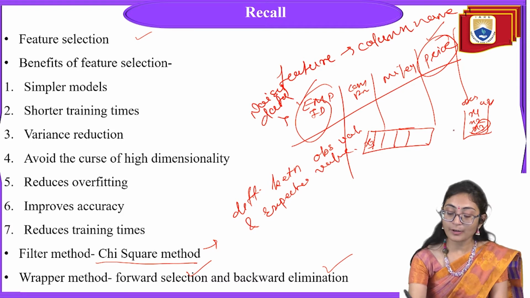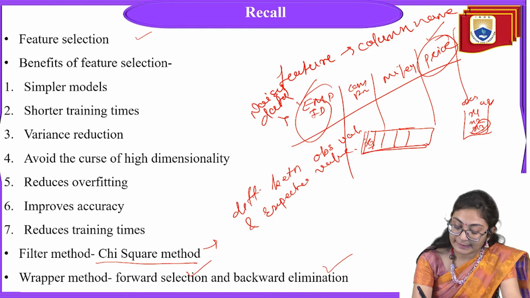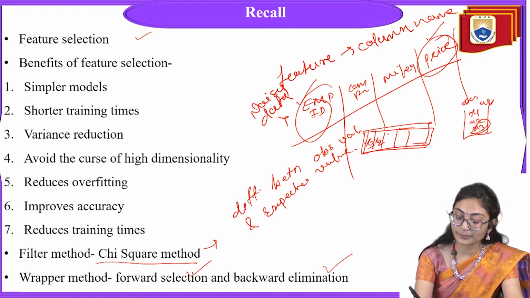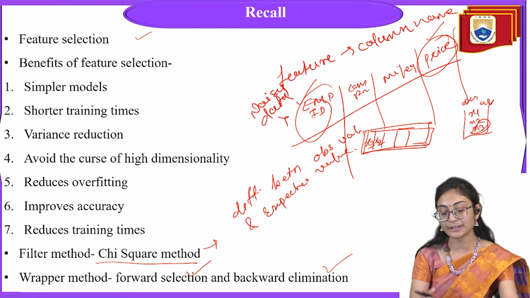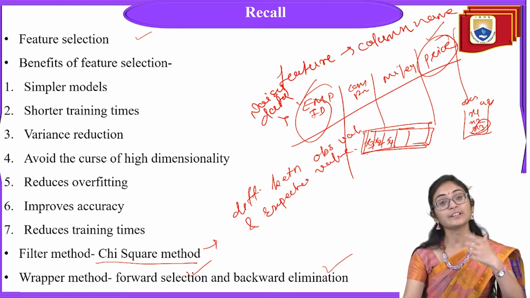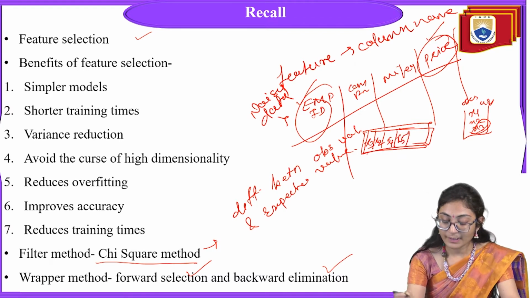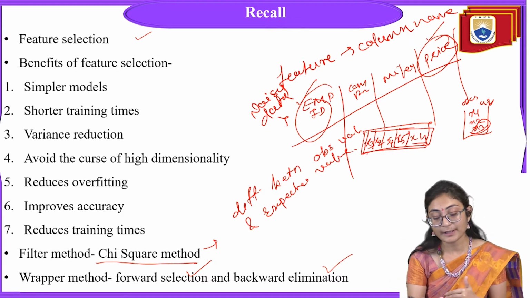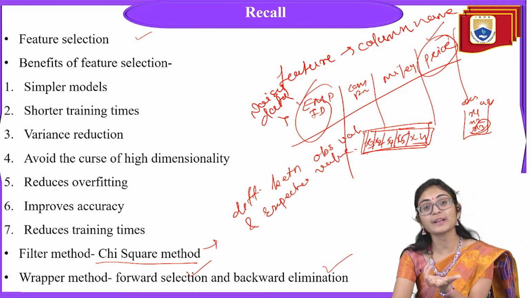After x3, if you find x2 is more significant, then you include that attribute. Then you find x1 is the most significant value, then x5, and then x4. That means one by one you include them until all attributes are in the set.